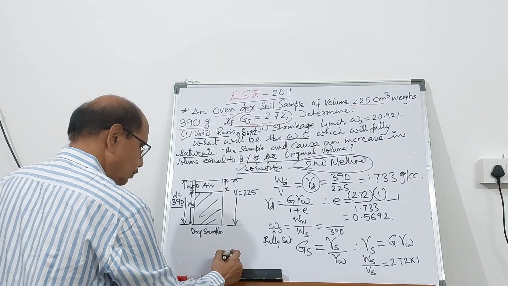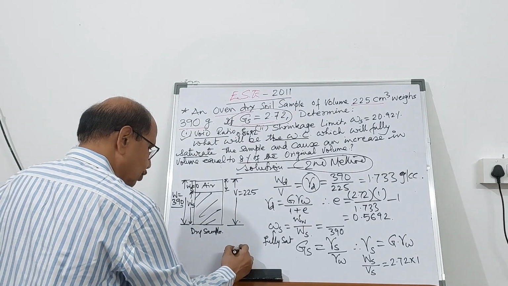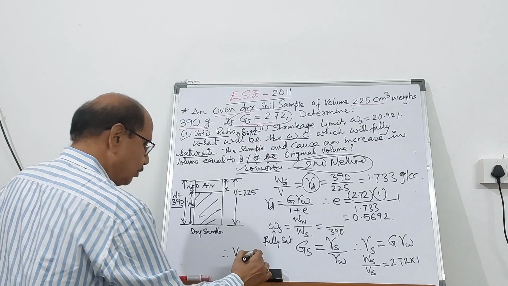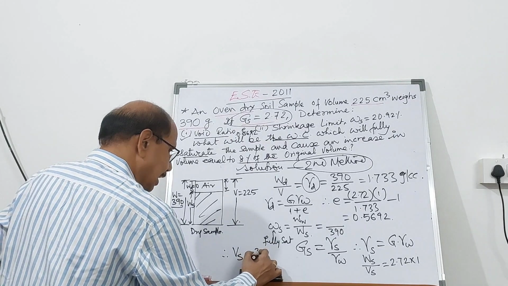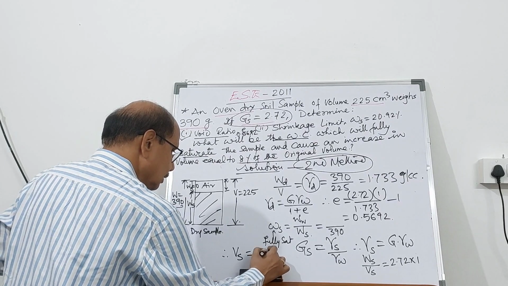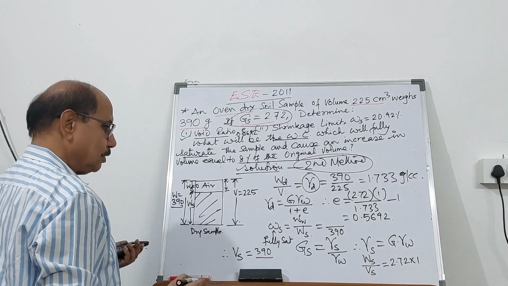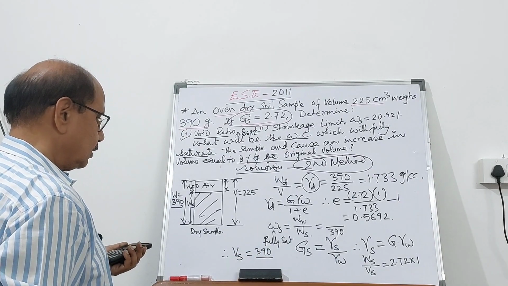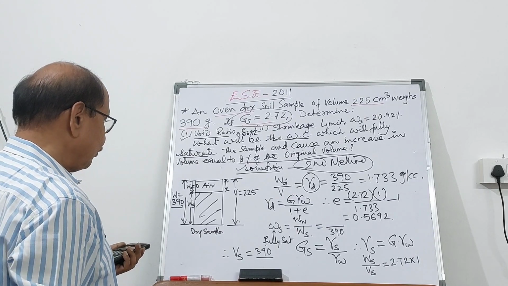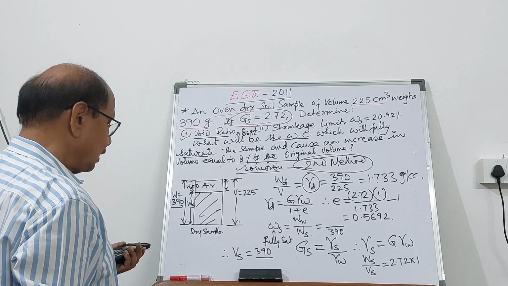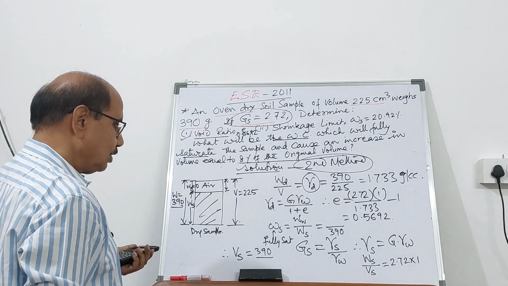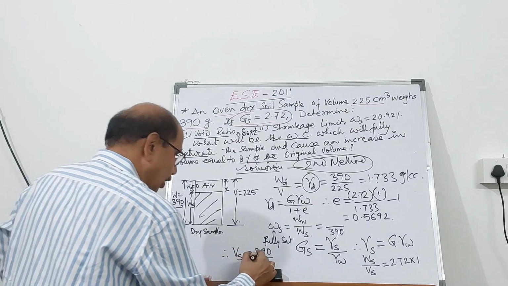Therefore, the volume of soil solids will be weight of soil solids, which is 390, because weight of air is 0, divided by 2.72.